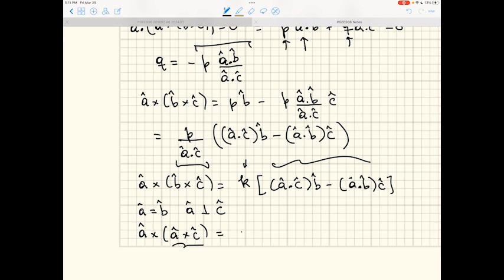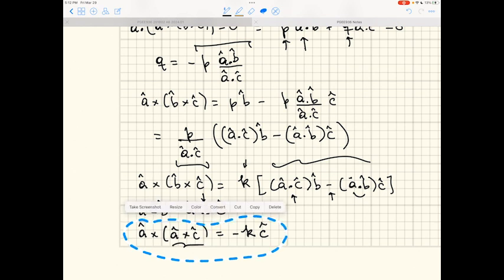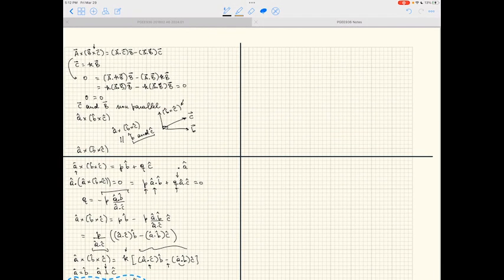So that's going to give me K. So observe that A and C are orthogonal. So this term is 0. So it's going to be minus K times AB, A and B are equal, right? So A dot A equals 1. So minus K times C, right? That's what we have. So let's take a look at what this is in here. Let's draw it, right?